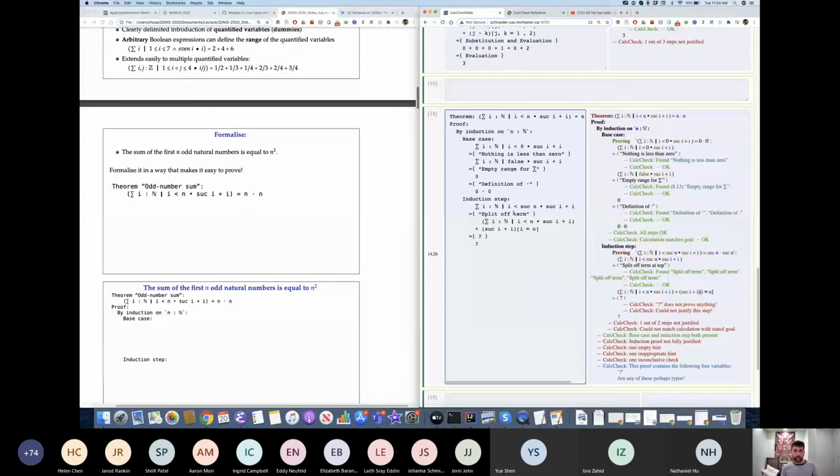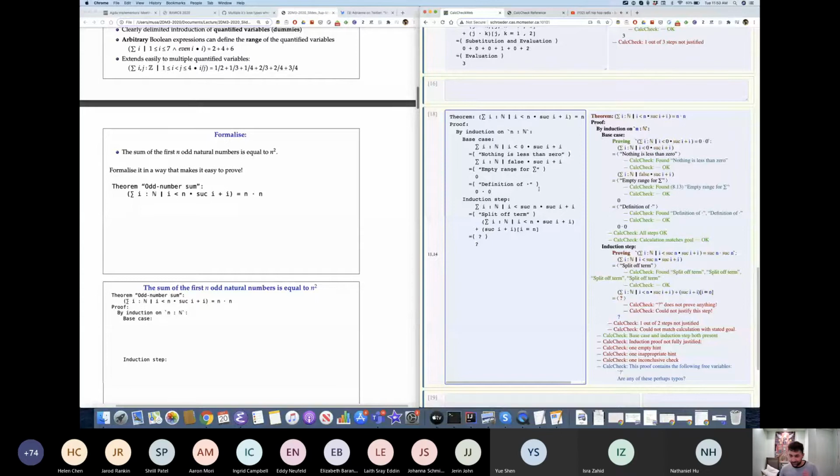They're just aliases. But "split off term", when I say it like this, refers to the more general form shown in the book, where it's for any O plus. So I just wanted to show you there are possibilities, just as right here I said "empty range for sigma" instead of just "empty range". Just trying to show you the possibilities we have available.